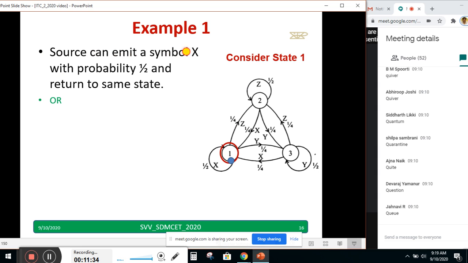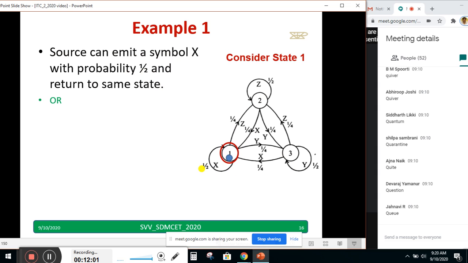Now, try to understand. Source can emit a symbol X. I am taking state 1, only state 1. The same thing you can write for state 2, state 3. We will take state 1 at present. Source can emit a symbol X with a probability of half and return to the same state. State number 1, it can emit the X symbol with a probability of half.